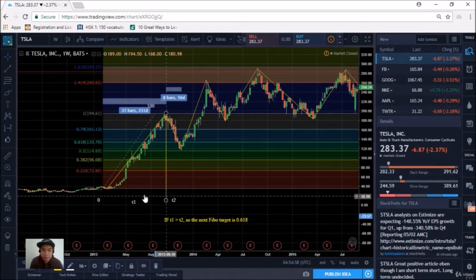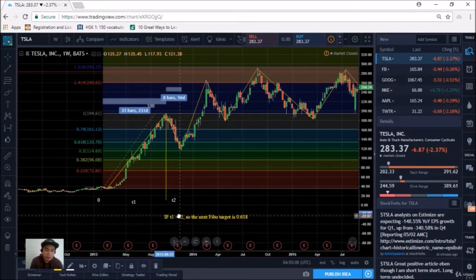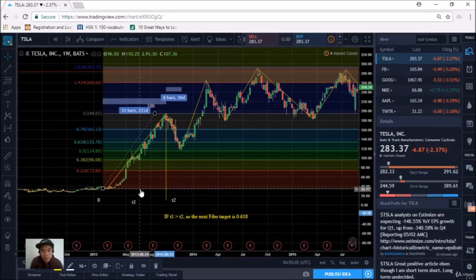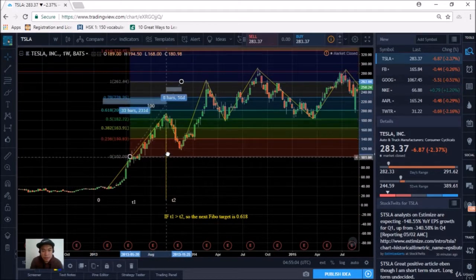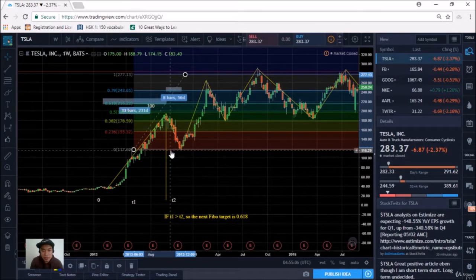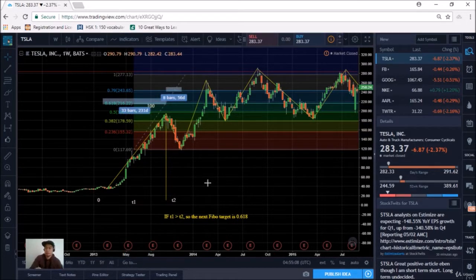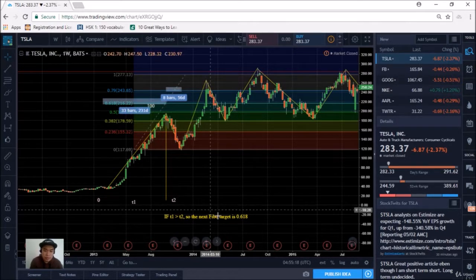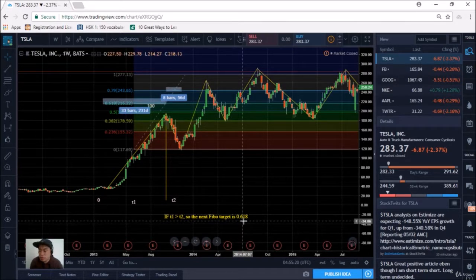The next step is you have to drag this 0 line to this line. Now you can see that the next Fibonacci target is 0.618.